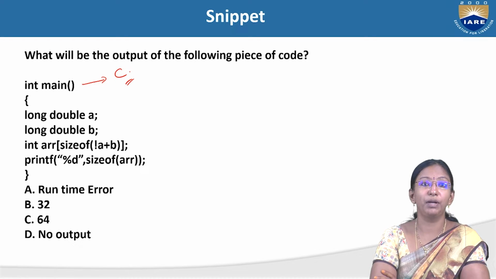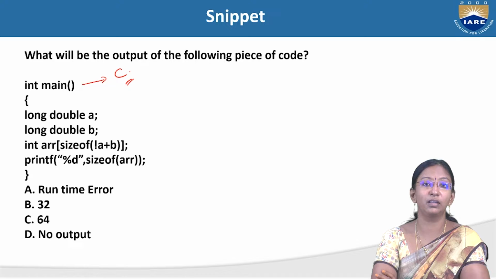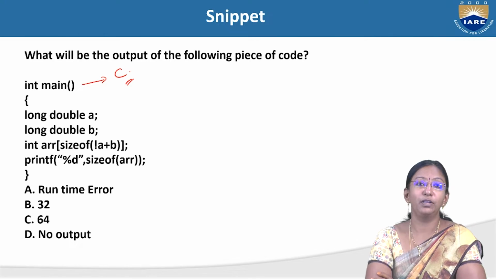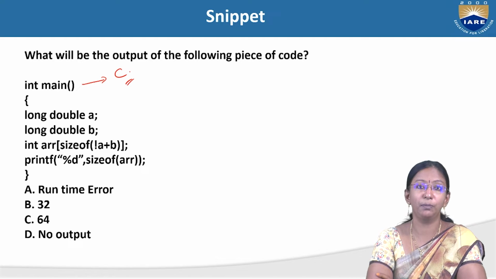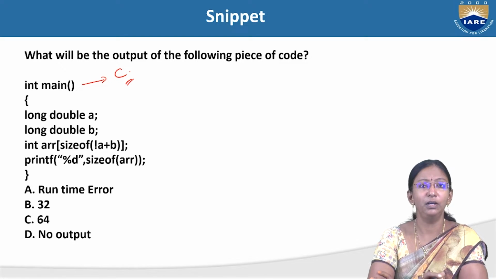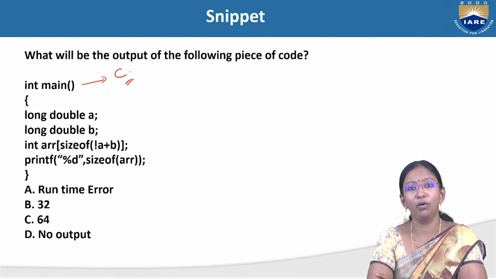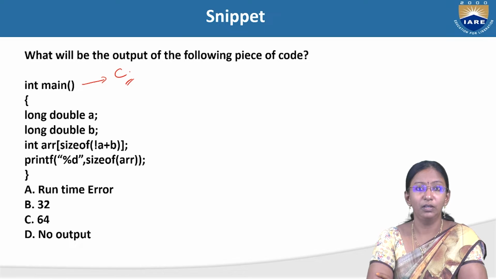But the MCQs round, which will be a step ahead of the coding round, will be biased to C. That is an observation after looking at various previous question papers of many companies. I'm not pinpointing any company. We have observed that in the MCQs round, the programming logics will be biased to C. See, the previous question was in pseudocode and this one is in C.